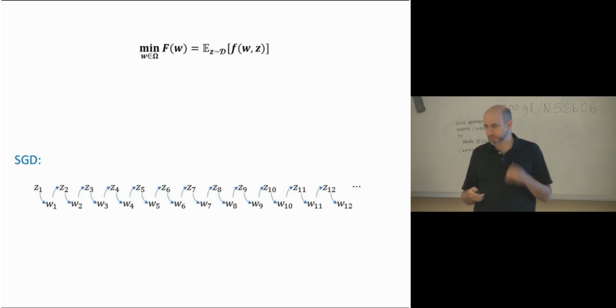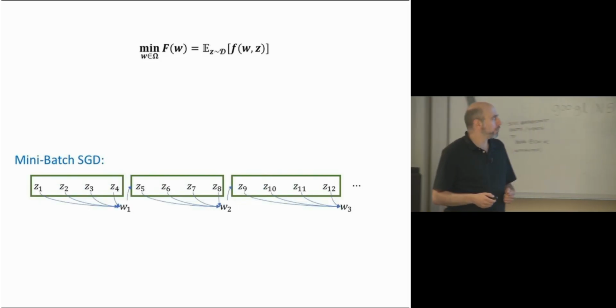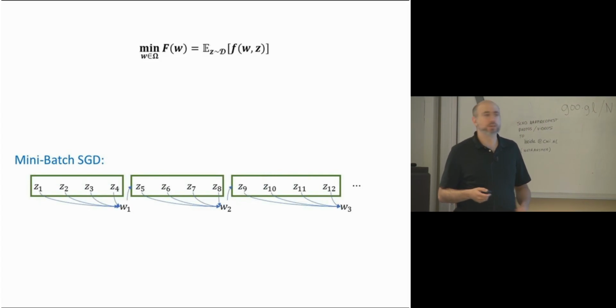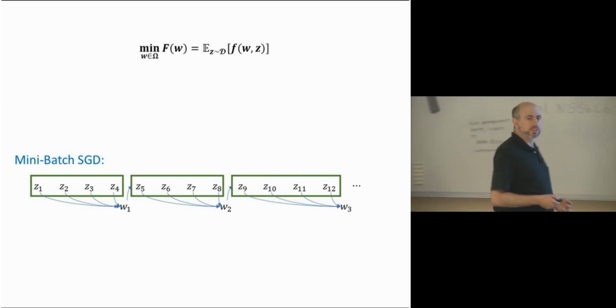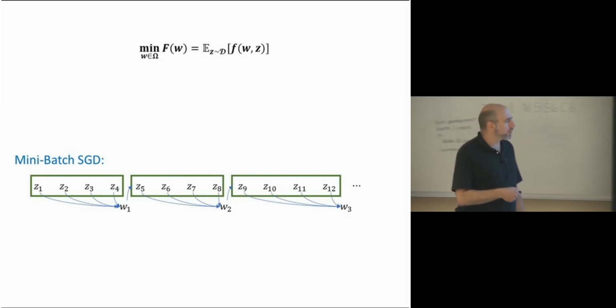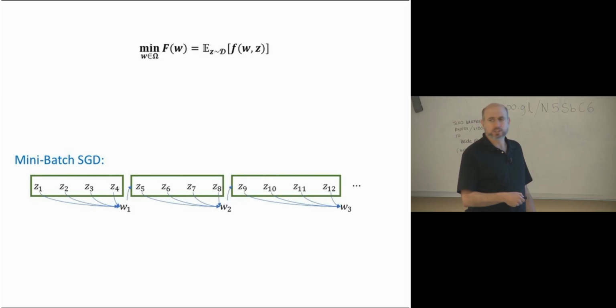And so instead of working with one example at a time, we can work with mini-batches and perform mini-batch stochastic gradient descent. We collect a bunch of samples, calculate the gradients for all of them, then update W and collect another batch.